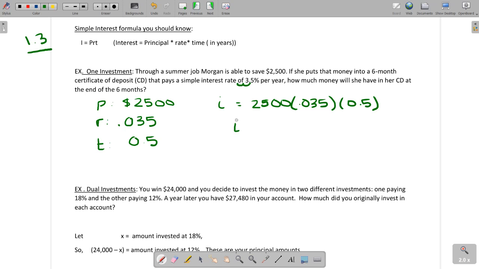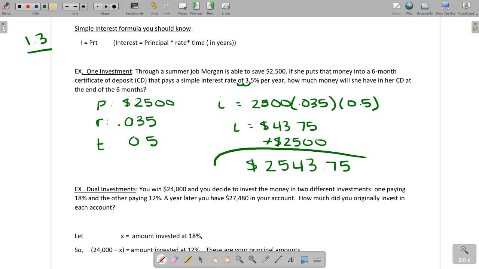So our interest is going to be $43.75. And then we're going to add that to the 2,500 she already has because we want to know how much money she has total in the account. So if we add those together, we are going to have $2,543.75.